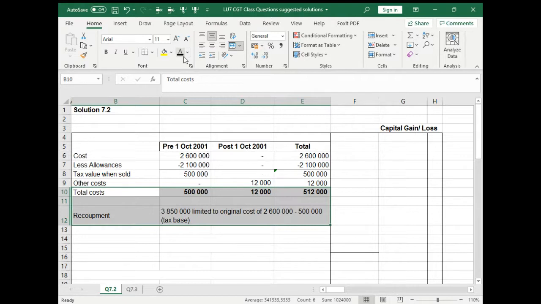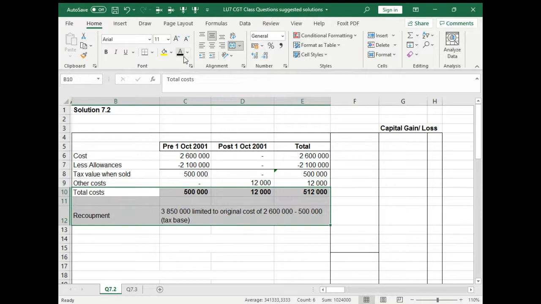If the original cost is less than your proceeds, you will work out the recoupment based on the cost, not the actual proceeds amount. So 3.8 million is definitely more than 2.6 million. Okay, so that means I limit the recoupment to 2.6. I only apply the 2.6.